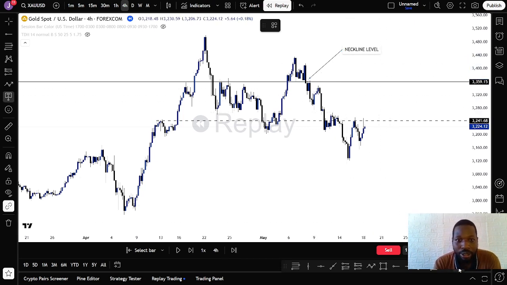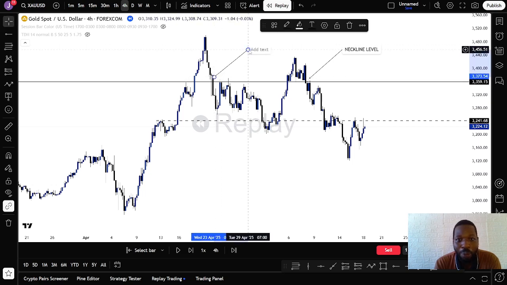Then we now have this zone right here, which is actually at the 0.5 to 0.618 Fibonacci retracement level.